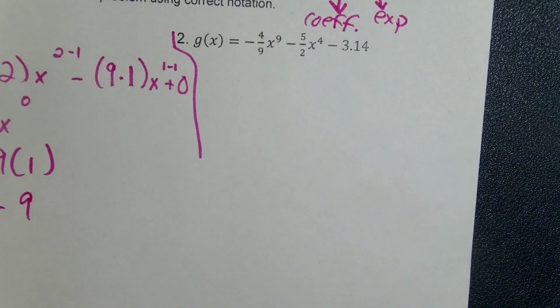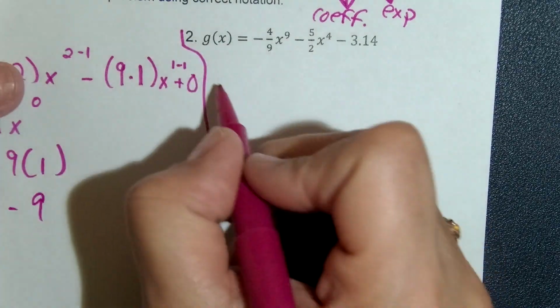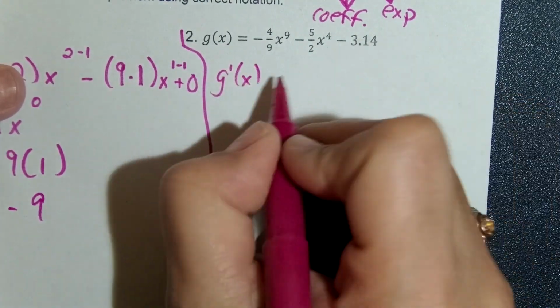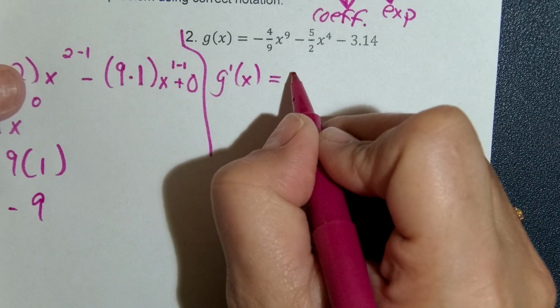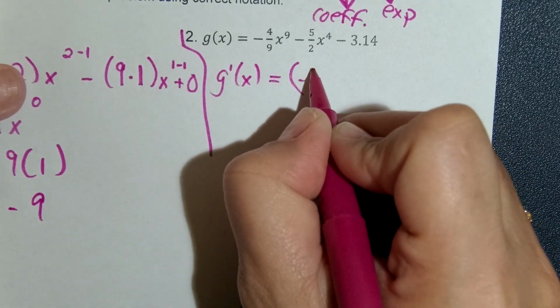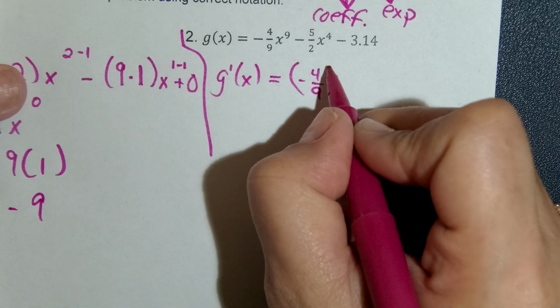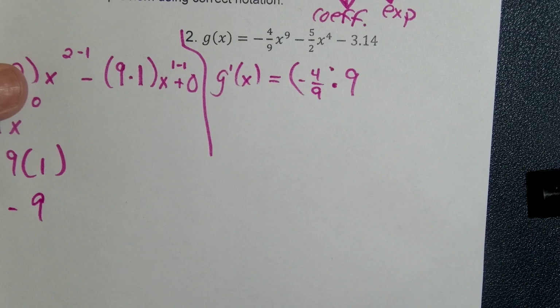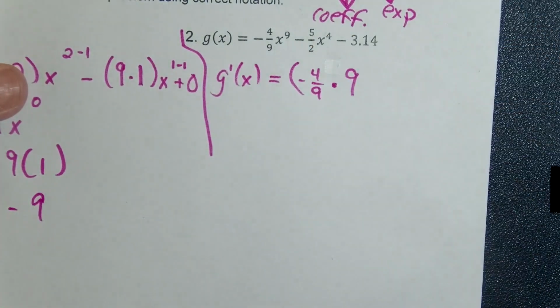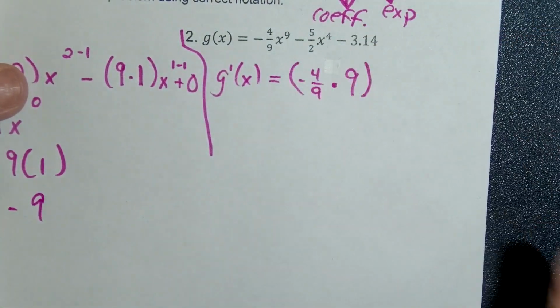All right, let's look at the next one. What do I do? It's the same process. G prime equals, in parentheses, -4/9 times 9. Sorry, I'm not going to have a lot of room, so I'm just going to write it on two lines.